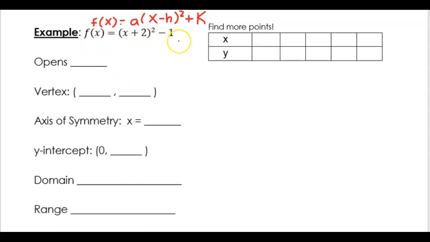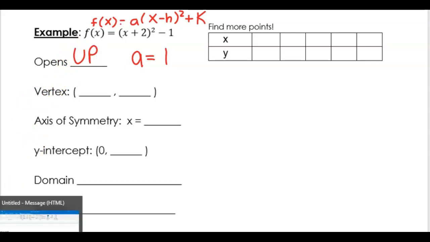Do I have a number in front of the parentheses? If there's no number written in front of the parentheses, the A is 1. Is 1 positive? Then that means that when I graph this in a minute, the graph is going to open up.